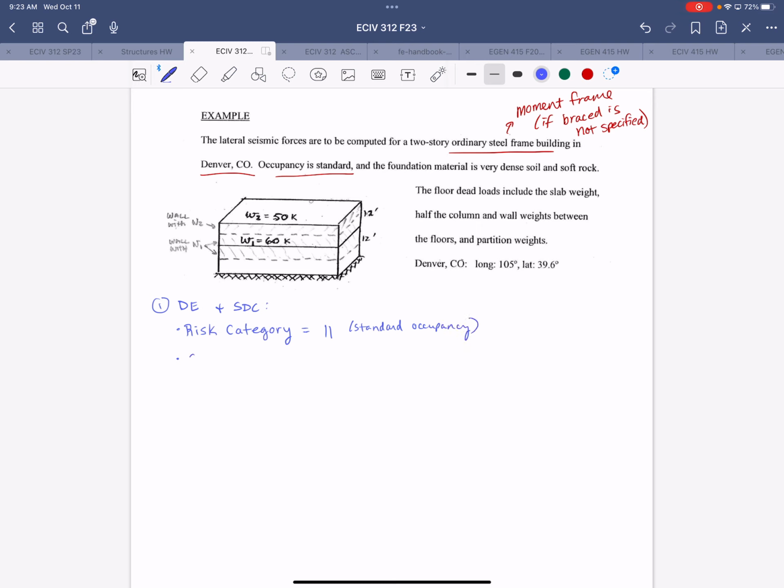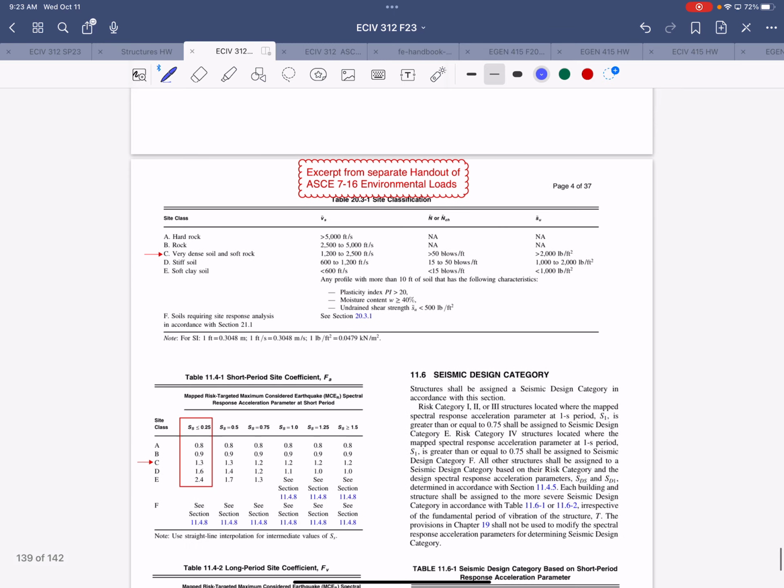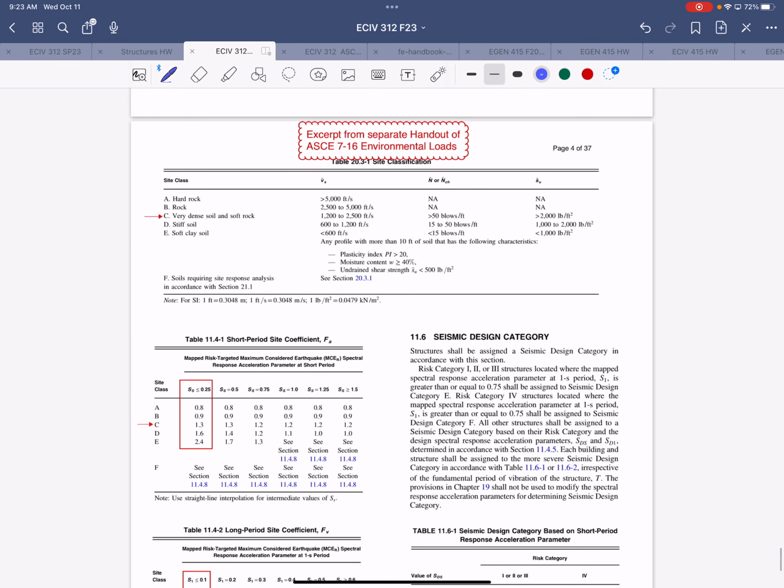All right, and then site class. All right, so from the table, I have the copy of some of the relevant tables attached. All right, so we go to this table right here for site classification, find the description over here. Remember I said you don't have to worry about any of these columns for this class.